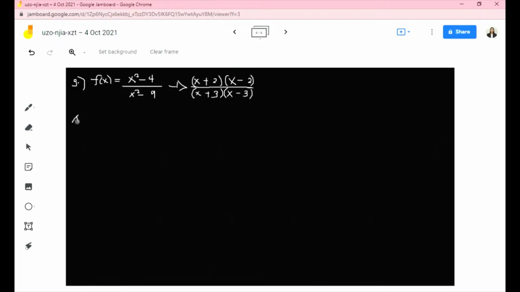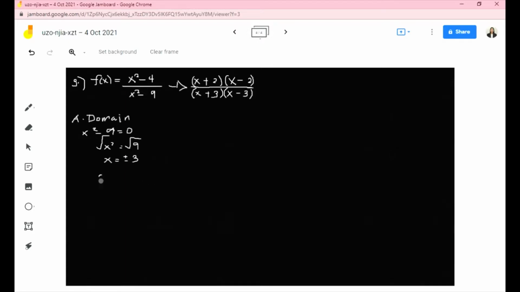Now let's look for the domain this time. Write down the denominator, that's x squared minus 9 equals 0. Using the properties of equality, this will give us x squared is equal to 9. Taking the square root of both sides, this will give us the value of x, that's positive and negative 3. So it means that positive and negative 3 will not be part of our domain.